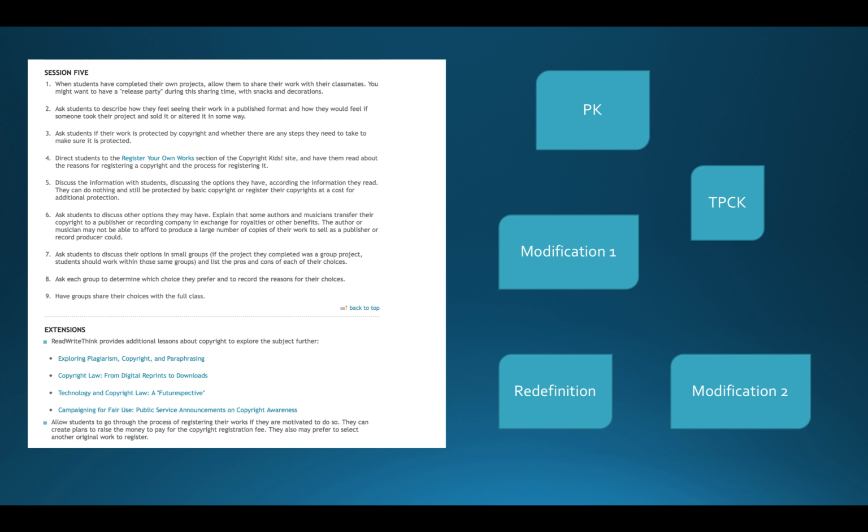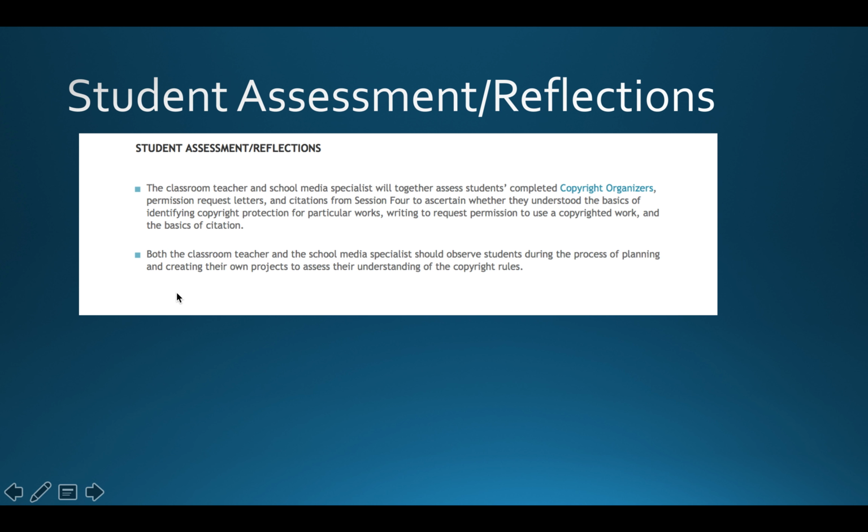But this is really great because kids can go to register their own work. So this is just redefining how kids can really get into the whole copyright realm. So kids can register their work through child-friendly resources on the net, which obviously wouldn't be available or as easily accessible as it is just with this Copyright Kids.